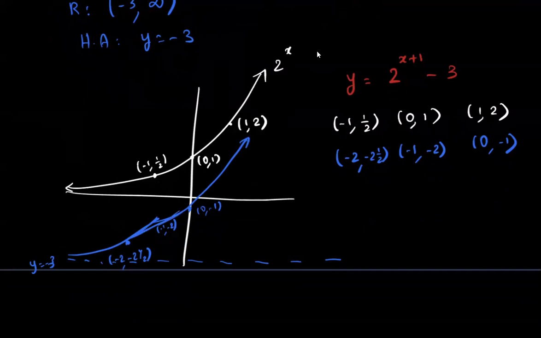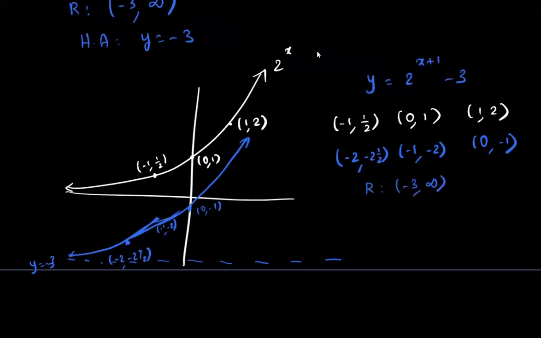Okay, so if you look at it, the domain did not change for this one, right? I'm going to keep consistent with the colors here so that we are not confused. If you look at this domain, it's the same. The range, of course, changed to -3 to infinity, and the horizontal asymptote changed to y equals -3.